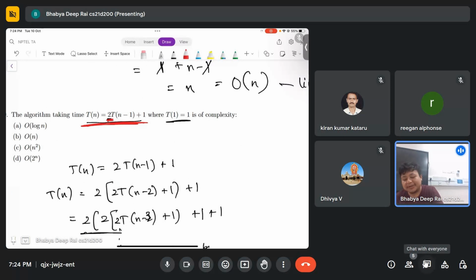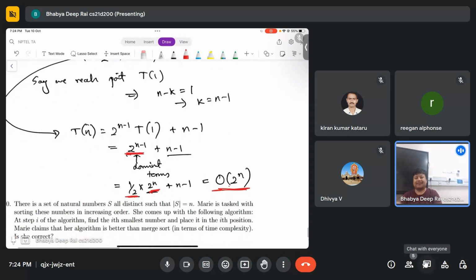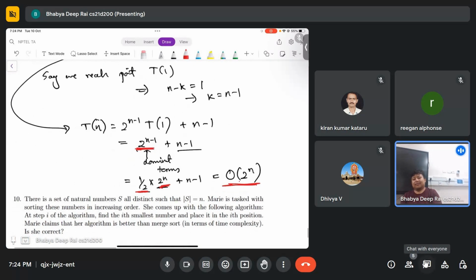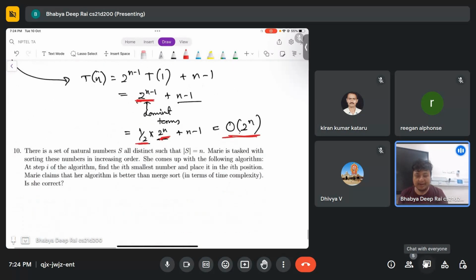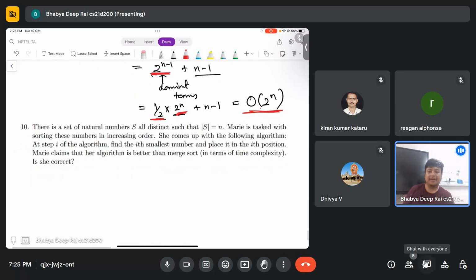Why? Because this 2 actually indicates that the function is doubling each time, and it doubles at an exponential rate. That is why you are getting this answer. Whereas in the previous case, it was not doubling; it was just adding one after the other. So I hope that was clear. And again, please let me know if something was not.